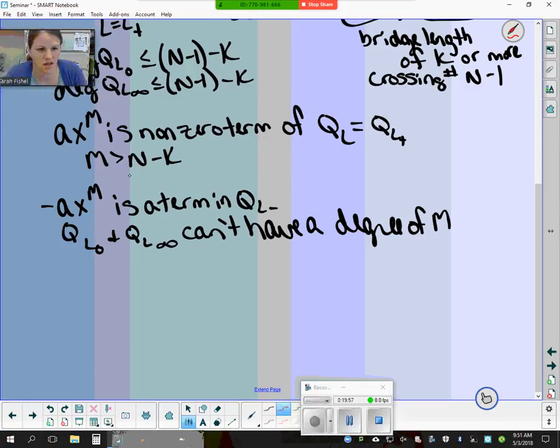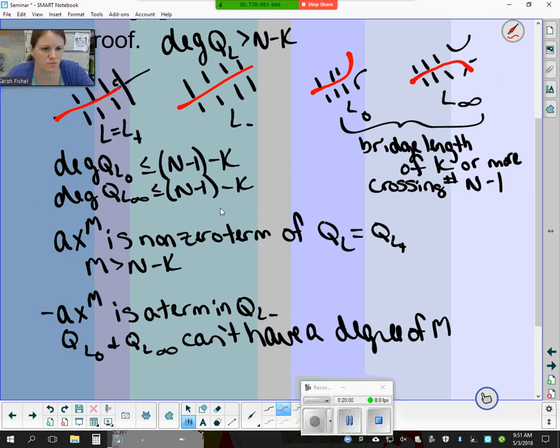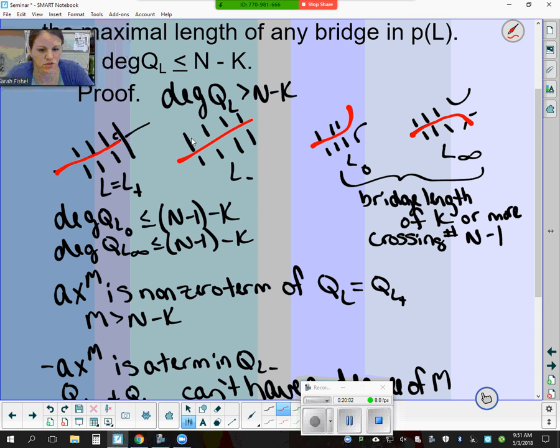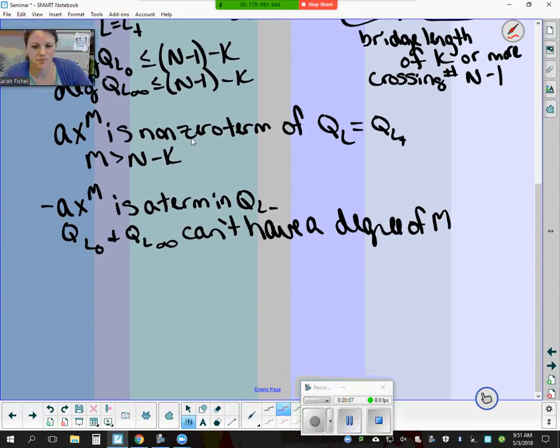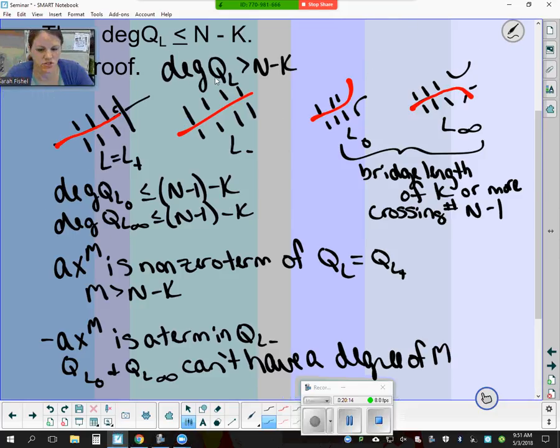And of course, these two projections have to have one less crossing than the other two. So even multiplying by x, it's not going to work. Okay, but also keep in mind that your L minus projection has a bridge length of at least k plus 1.